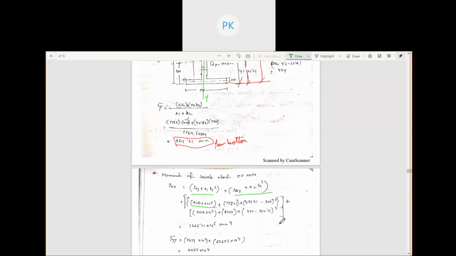So here it was Iz1 plus A1 H1 square, this much.